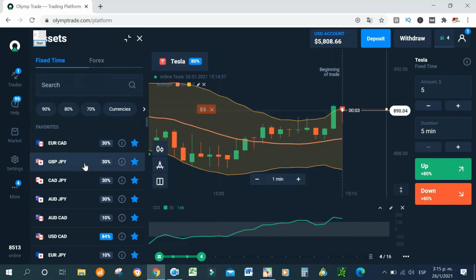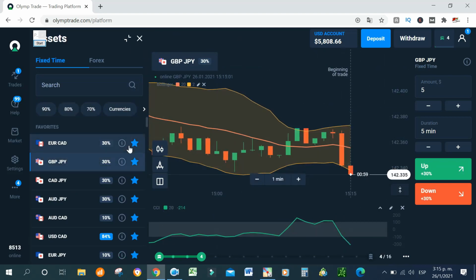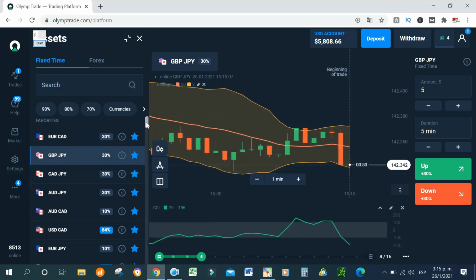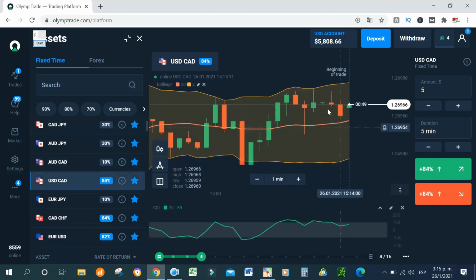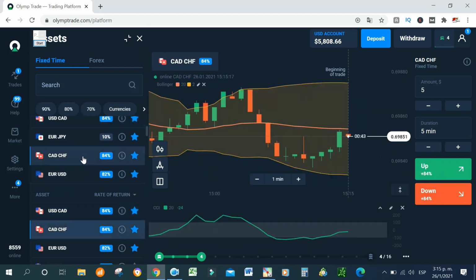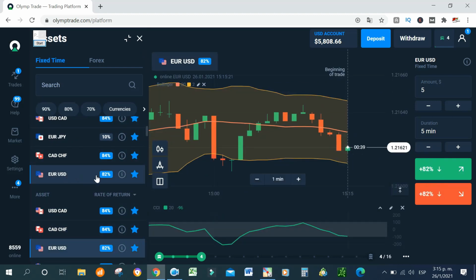But anyway, let me check this pair too. This pair is good, but for me, it's offering only 30% profit, so I don't like it. But it's a great opportunity to go up. Let me see this one.